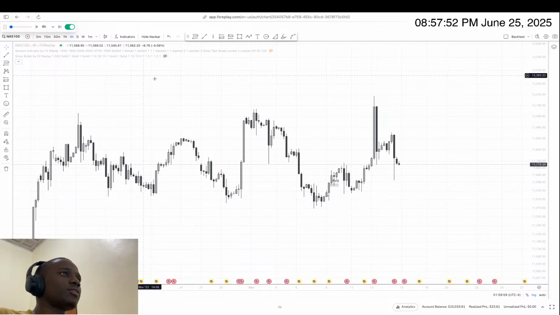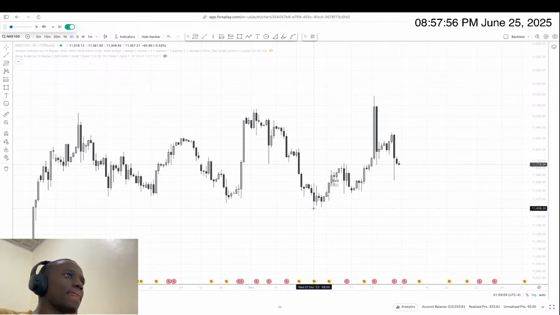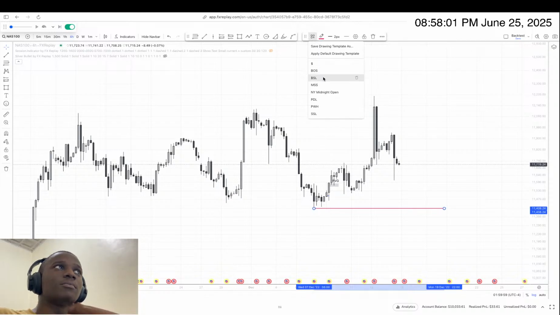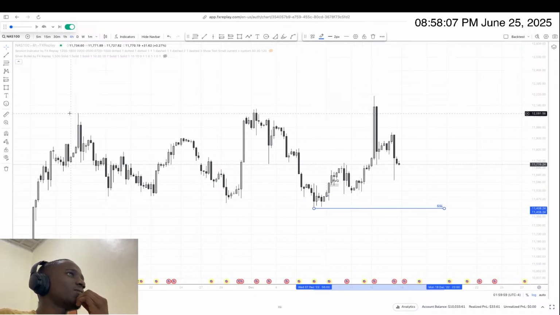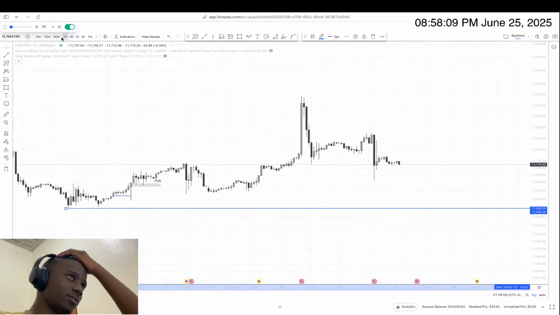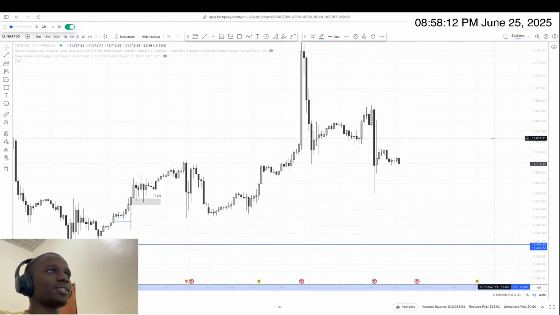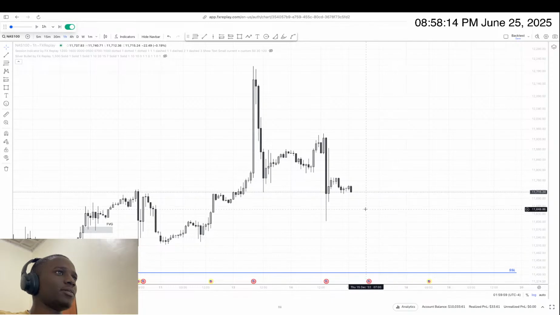First off, I'd like to mark this low. It's a crucial low. I can sweep it. I'm in a good liquidity zone, so it's sell side. Now I'd like to go to the 1 hour. On the 1 hour, you can see that we tried to drop, but we didn't reach there.